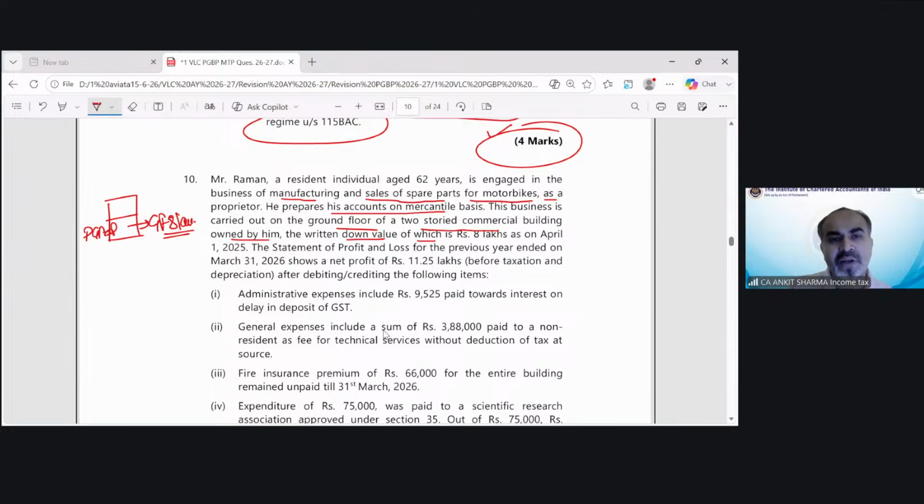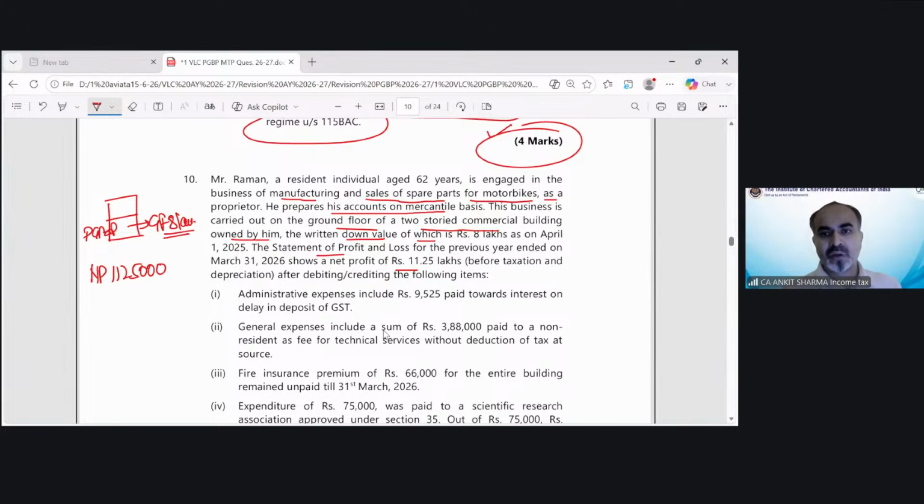As on April 1, 2025, the statement of profit and loss for the previous year ended on 31st March shows a net profit of 11.25 lakh before taxation and depreciation, after debiting the following items. So, as you can see, the net profit given in the question is 11,25,000 rupees.